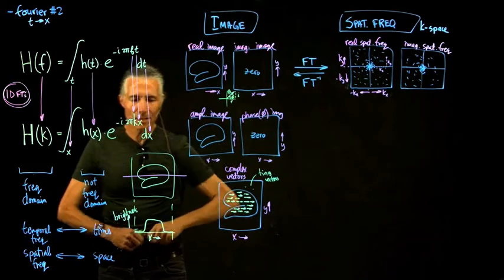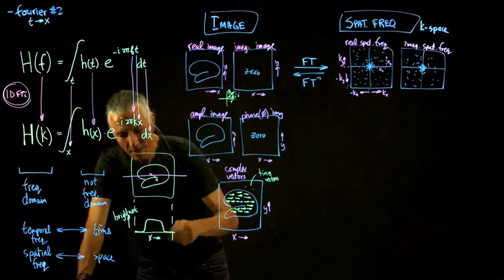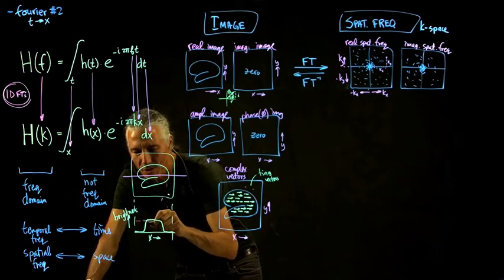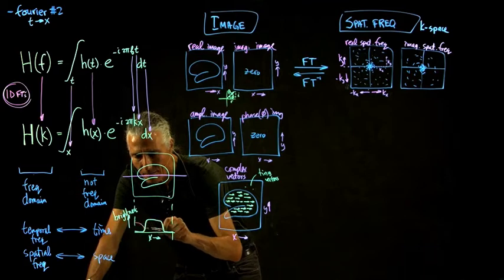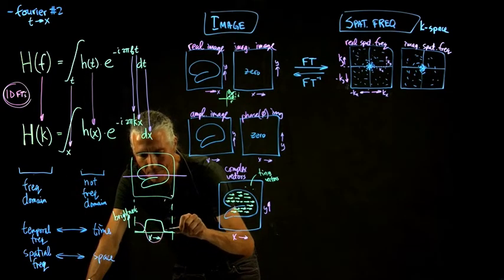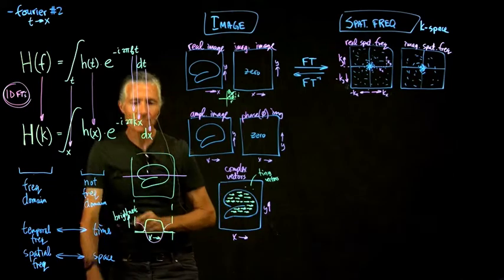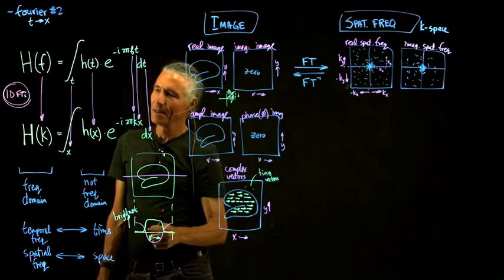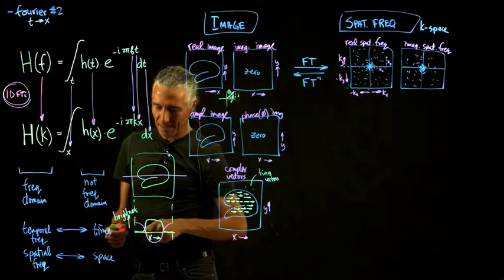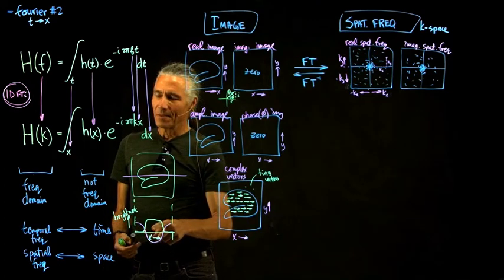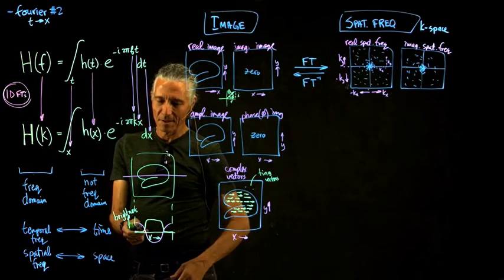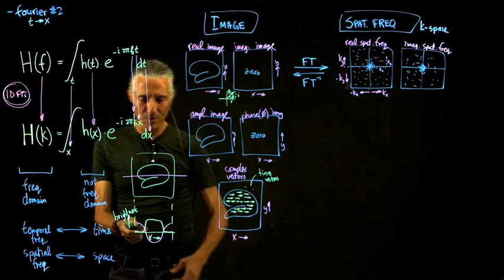And so what is spatial frequency 1? Let's take a cosine. So here's a cosine like this. It actually looks like a negative cosine, right? What I drew there in red was the positive cosine.